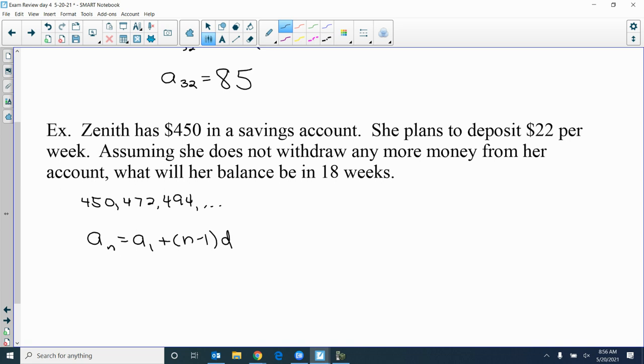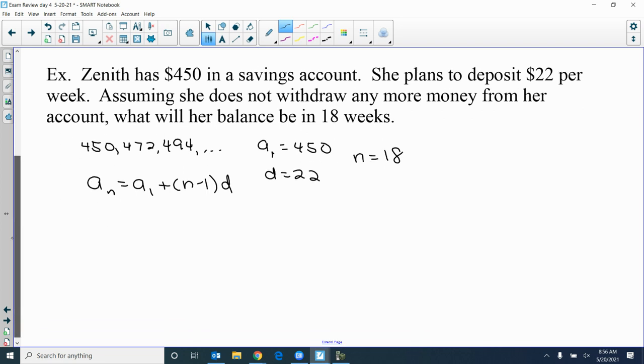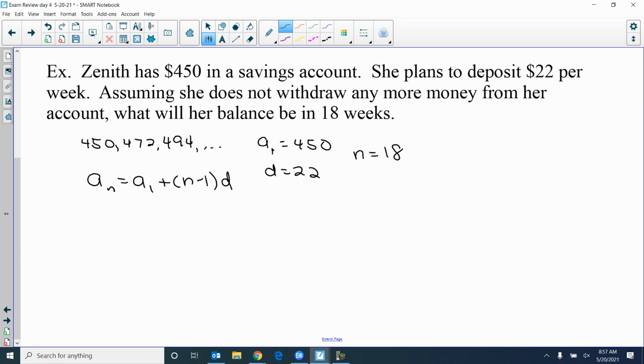Here's my case. A sub 1 is $450. That's what you start with. D is the amount it changes. We're putting in $22 a week, so D is 22. And we want to know how much we're going to have after 18 weeks, so N is 18. So it's no different than an arithmetic sequence.